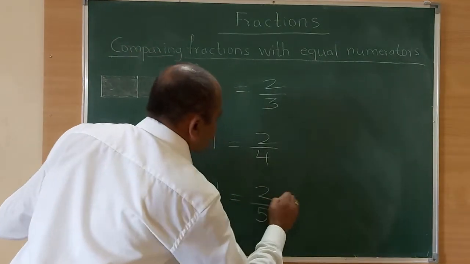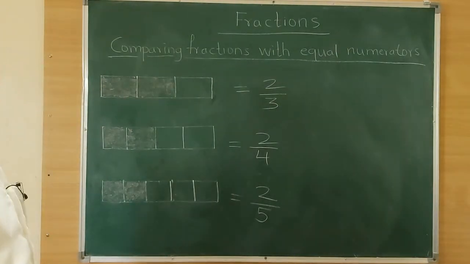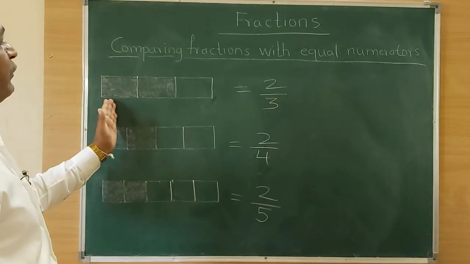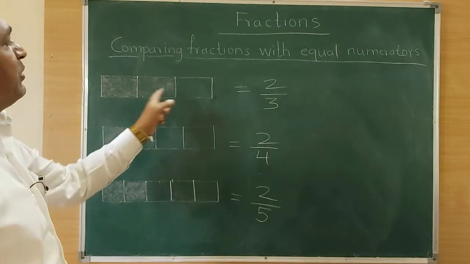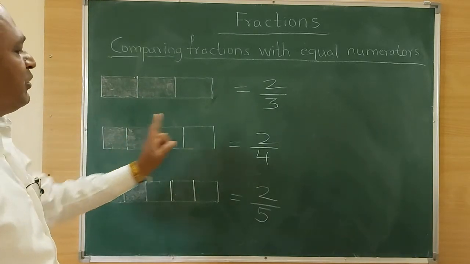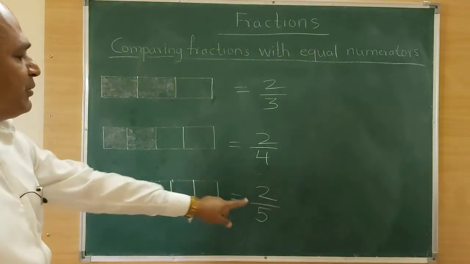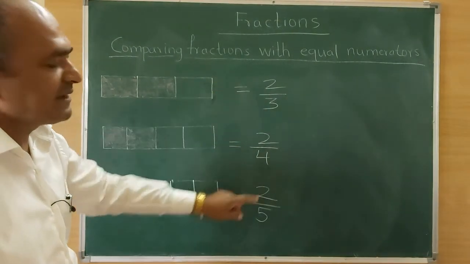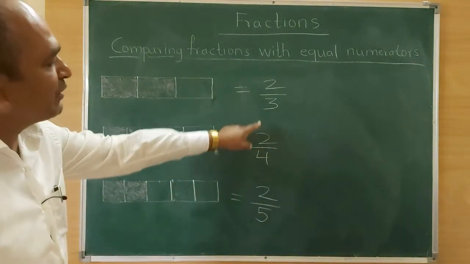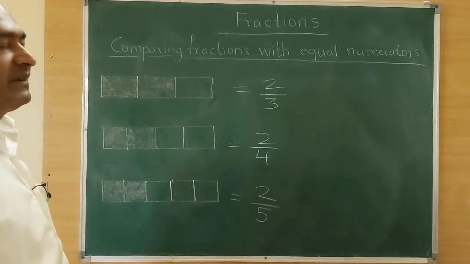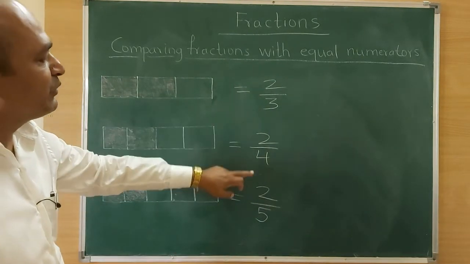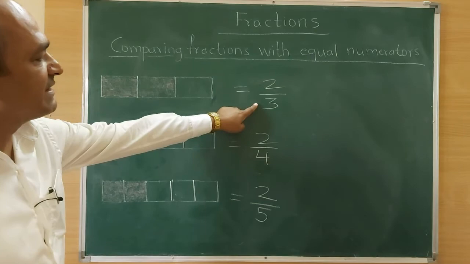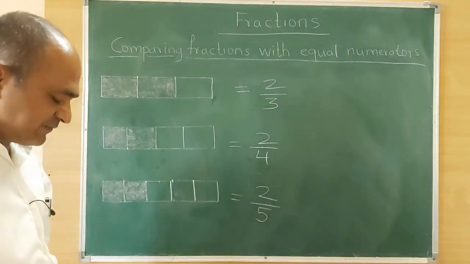So 2 upon 5 are shaded. So 2 upon 3, 2 upon 4 and 2 upon 5. Here numerators are same. Only the denominators are different. Denominator goes on increasing. Here it is 3, here it is 4, here it is 5.